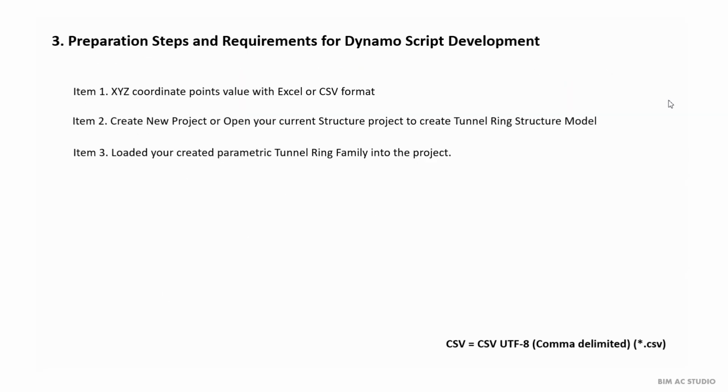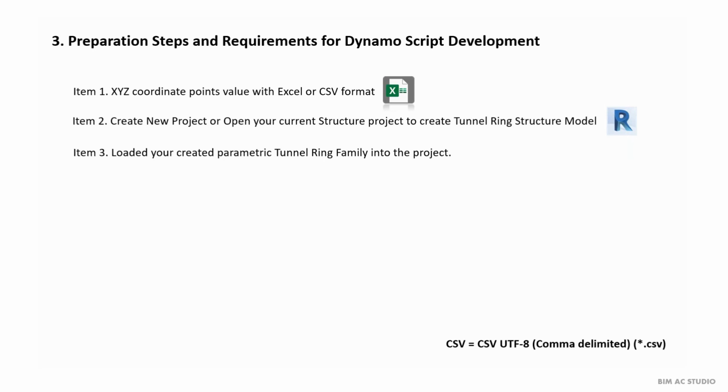Before I start any hands-on session with the Revit software, here are the preparation steps and requirements for Dynamo script development. Item number 1, once you receive XYZ coordinate values in Excel or CSV format, you can move to the next step.